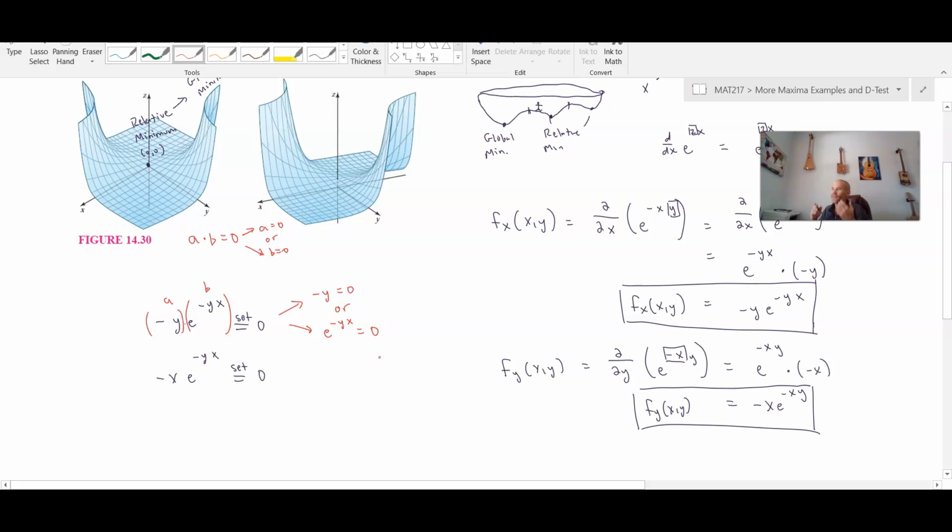Now you might be looking at that and thinking, oh wow, how am I going to solve this equation here? Well, the good news is that when we think of exponential functions that have negative exponents, they decay, but they never actually reach 0.